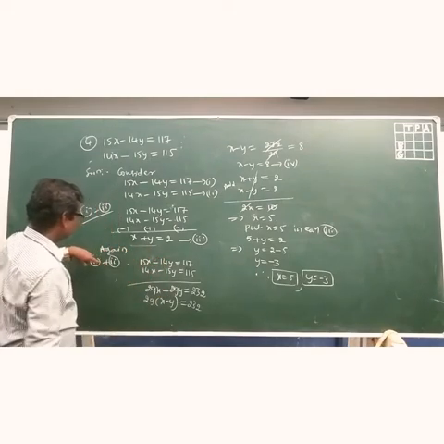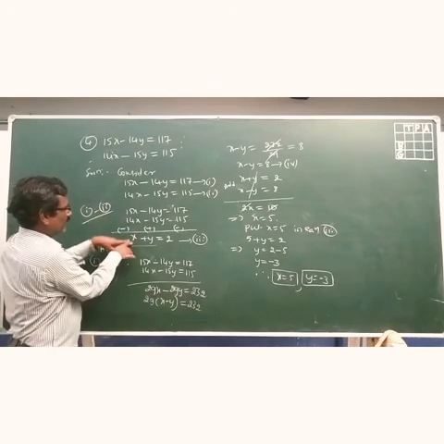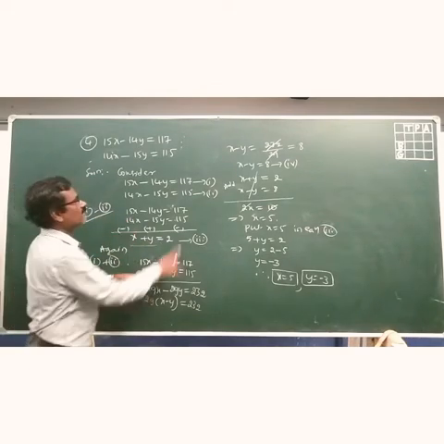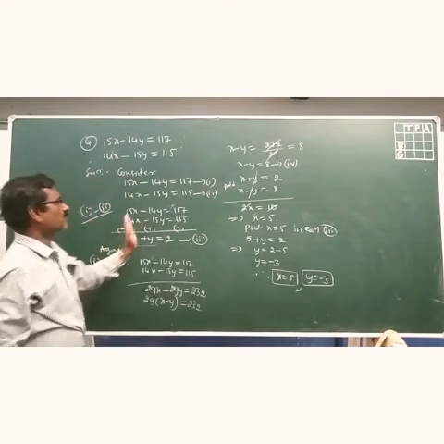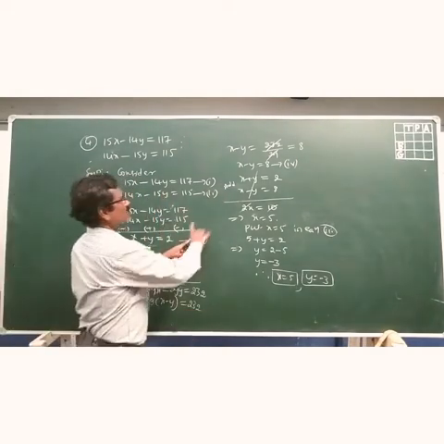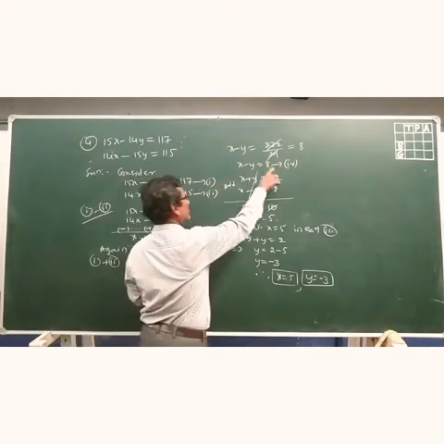One time we subtracted and one time we added. On subtracting, we got x plus y. On adding, we got x minus y. This is very important. So we got equation 3 and equation 4: x plus y is equal to 2, x minus y is equal to 8.